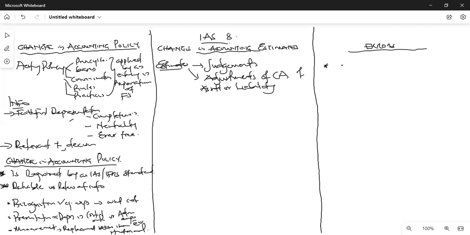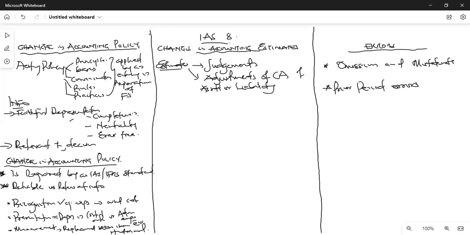Errors, we are talking about omissions and misstatements. All right, those are what errors are. All right, but particular attention is given to prior period errors.